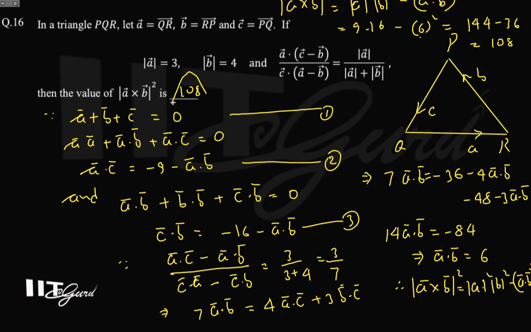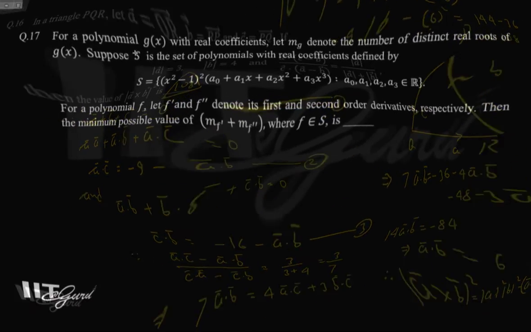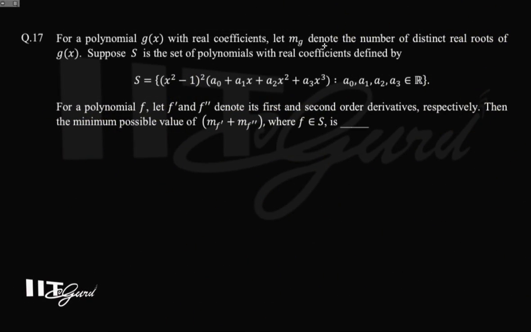That's your final answer. For a polynomial g(x) with real coefficients, m_g denotes the number of real distinct roots of g(x). Let S be the set of this polynomial with real coefficients, this one. So if you open this now, let's solve this.